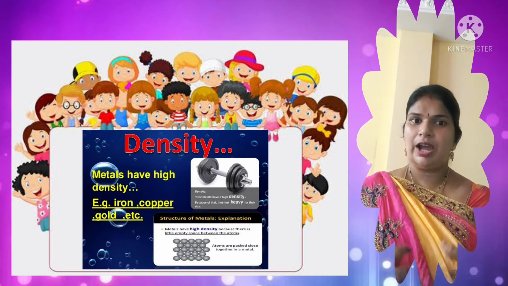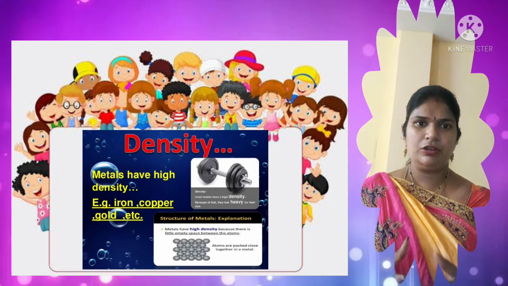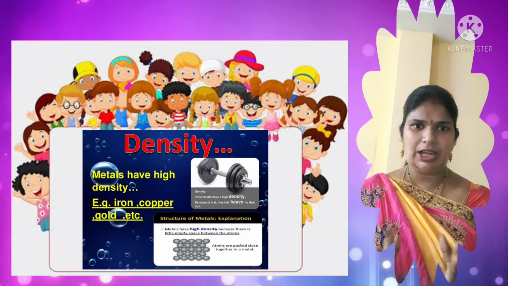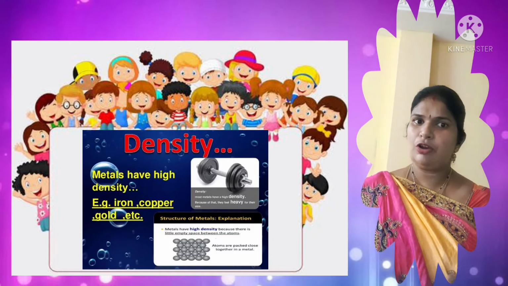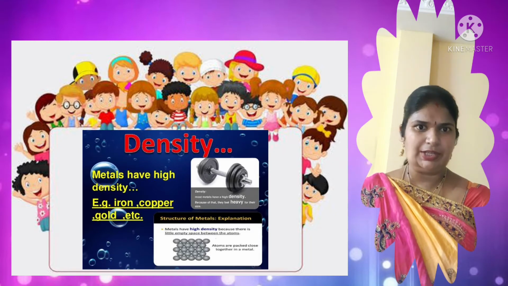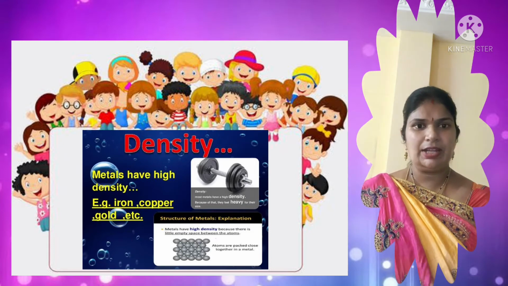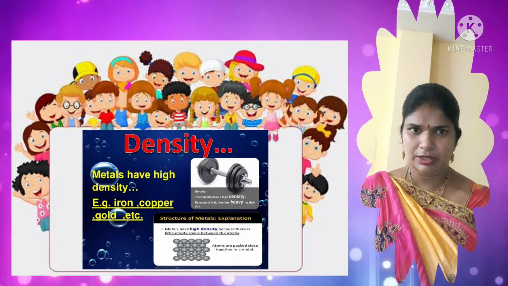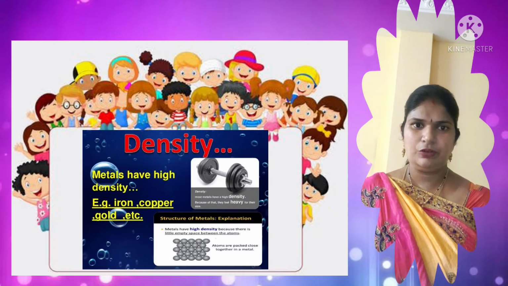Hard means they are solids in nature. Solids have very little empty space between their particles, so obviously they will have a lot of weight. Hence, metal being a solid, is highly dense. Okay children.